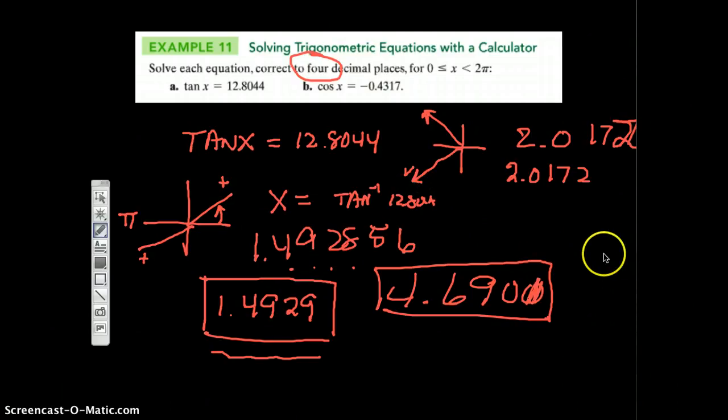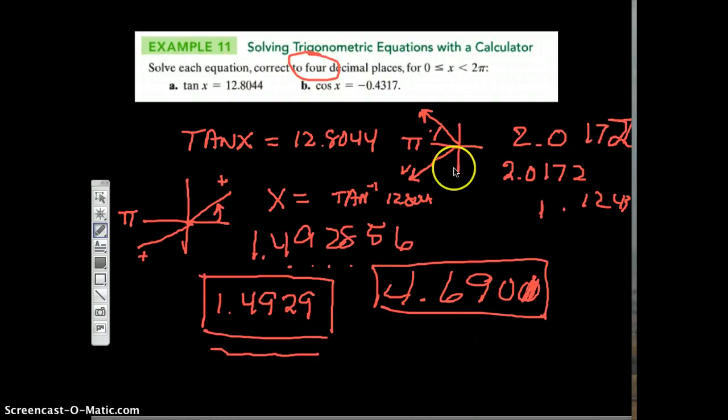Now, we're going to have to figure out what that value is over here. And the way we do that is we take our number, here's pi, right? We've got to figure out what this angle is right here, right? Subtract 3.14 or pi minus 2.0172, and I'm going to get 1.1243.